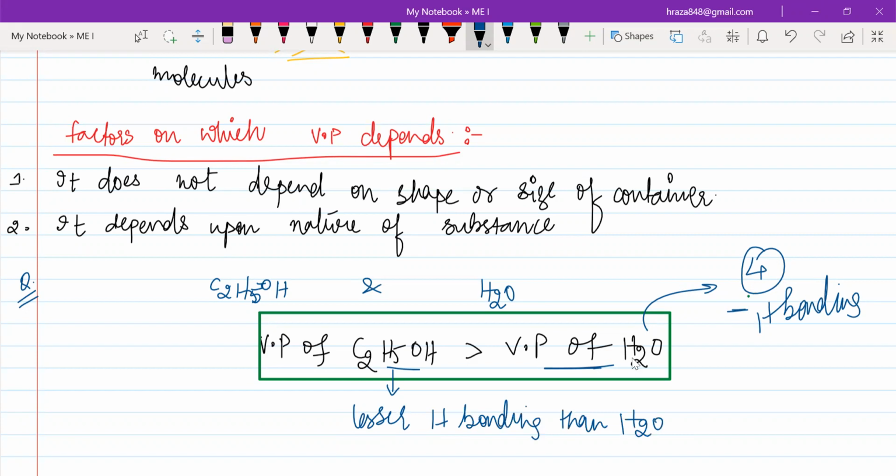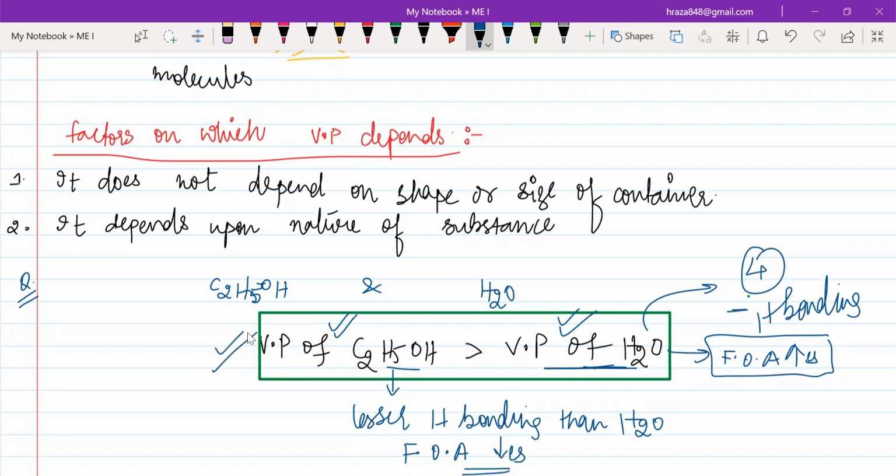If there is more hydrogen bonding, force of attraction will be more, and that's why it doesn't easily evaporate. But this will be evaporated easily because the hydrogen bonding is lesser. That means the force of attraction between the particles is lesser, and hence it can be easily evaporated. Is that clear?